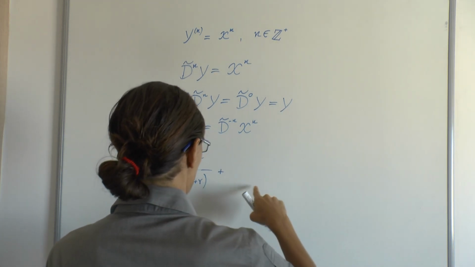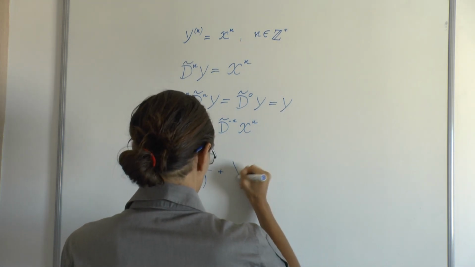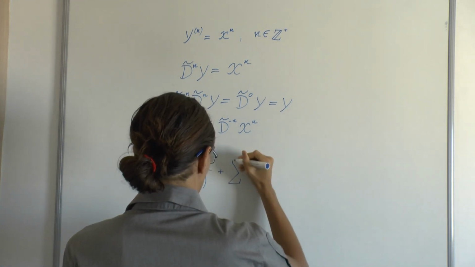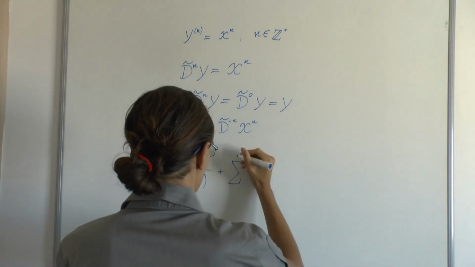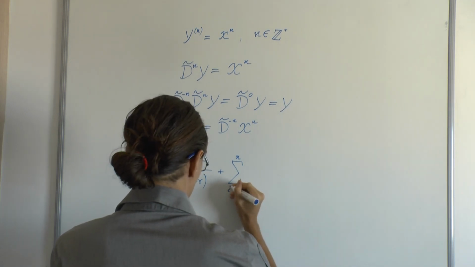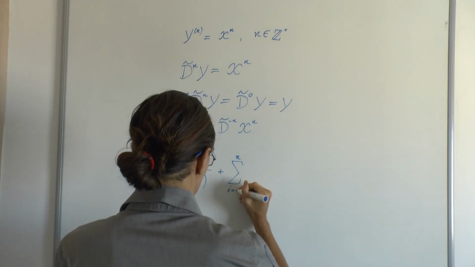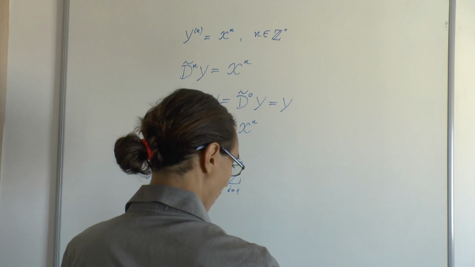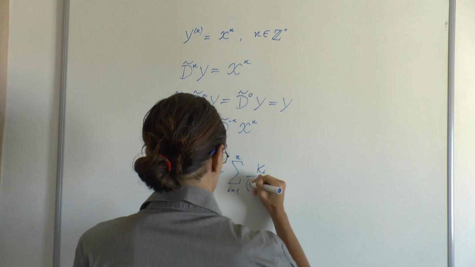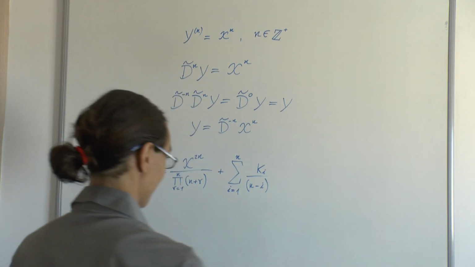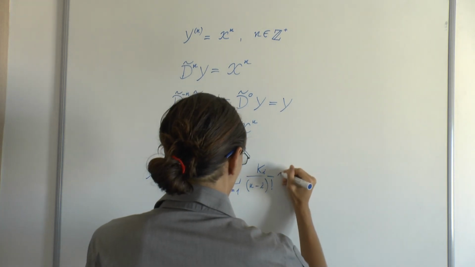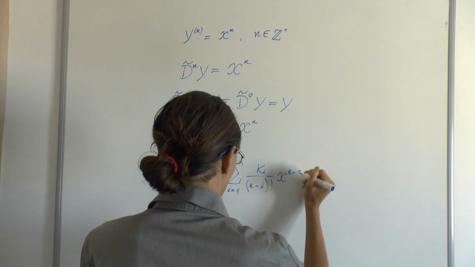And now we had all these factorial terms, so we'd have this series, a sum from i equals 1 until n of k_i over (n minus i) factorial x to the n minus i.